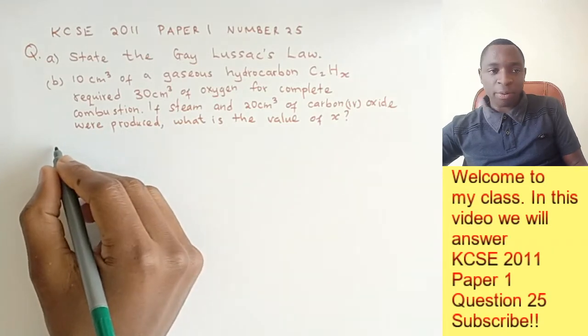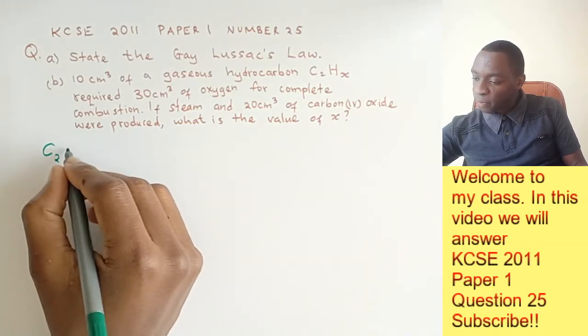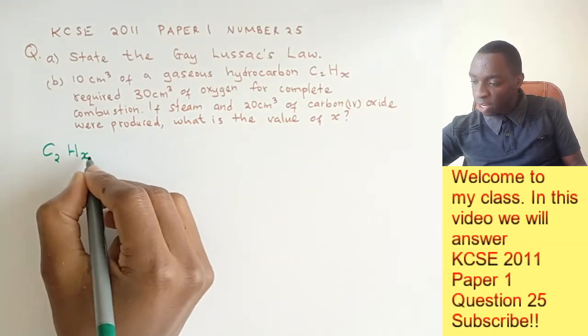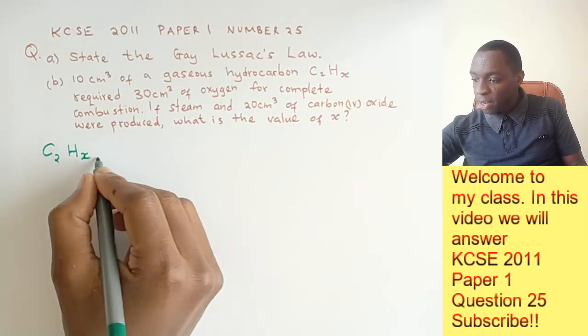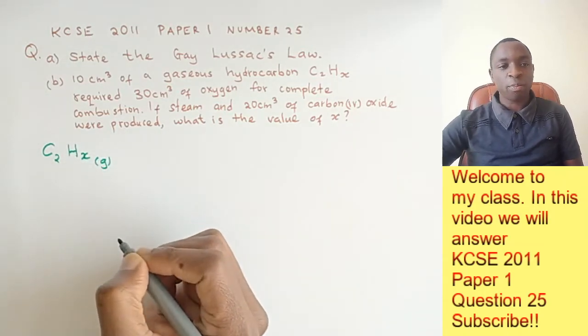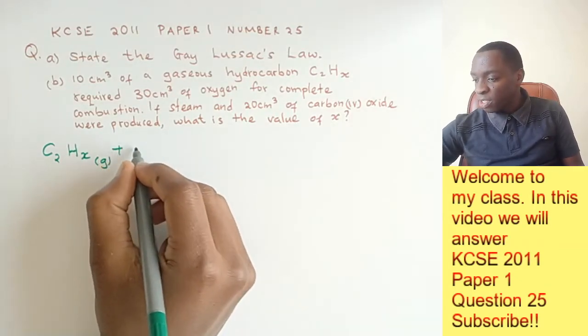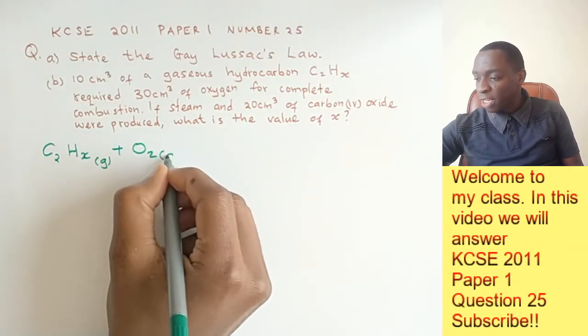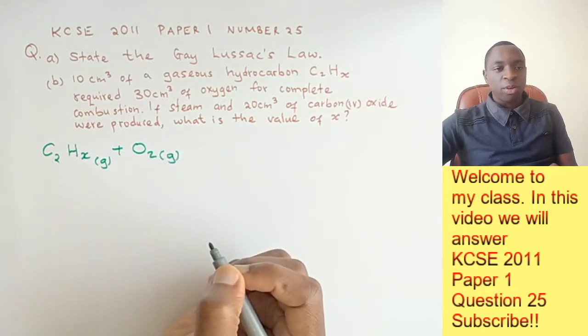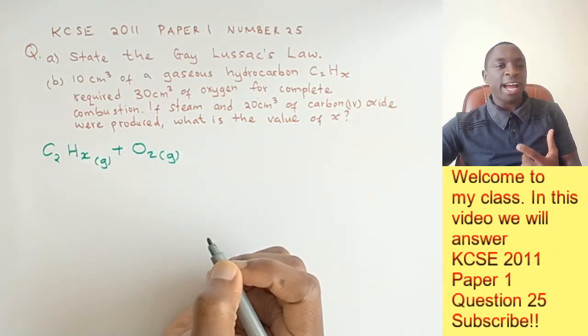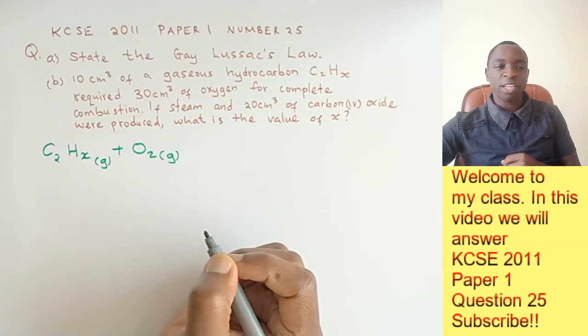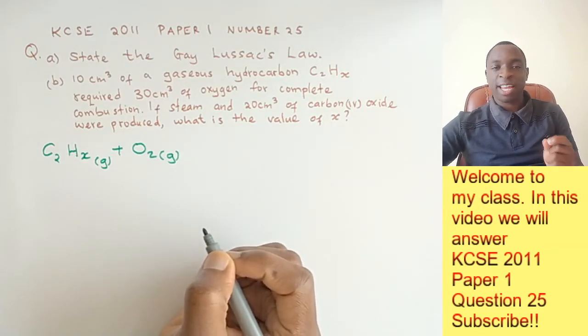Now our hydrocarbon is C2Hx. We don't know the value of X, but you know that it is a gaseous one, so we put G for gaseous. Then if it's complete combustion, it means that it must be burning in oxygen. So we have oxygen gas. And hydrocarbons burn in oxygen to give carbon dioxide and water.